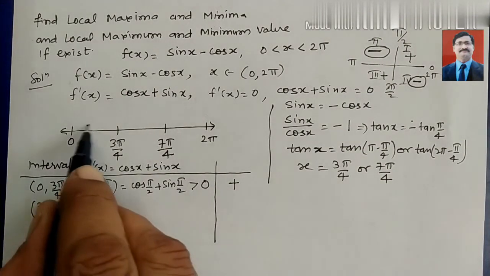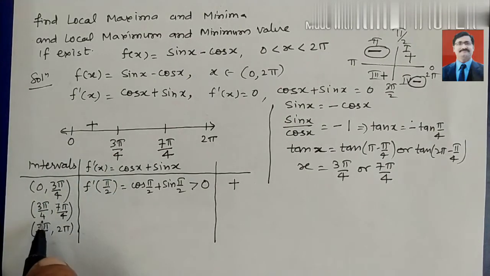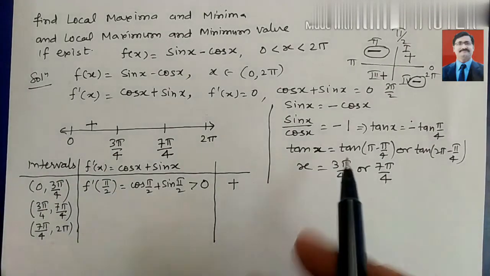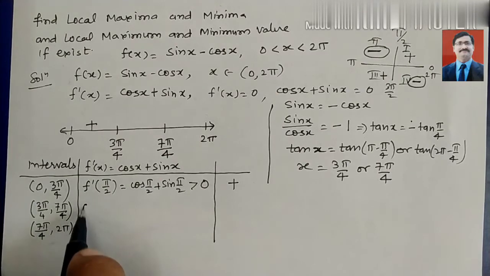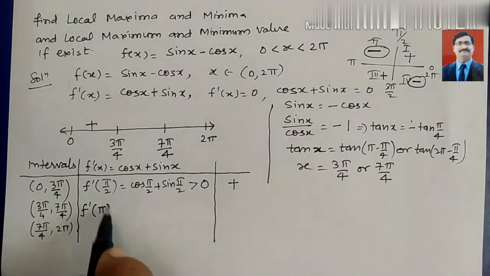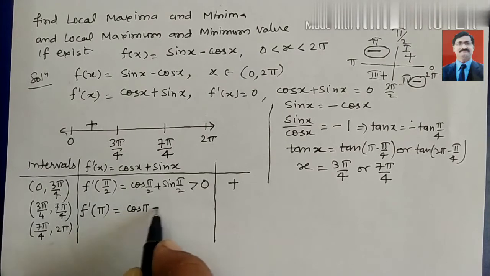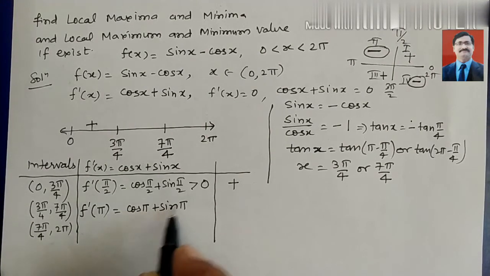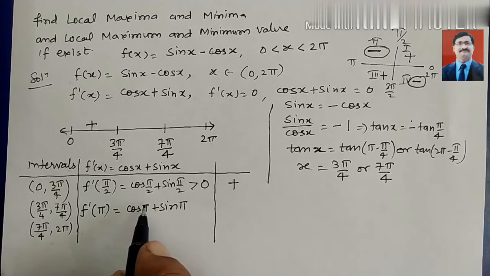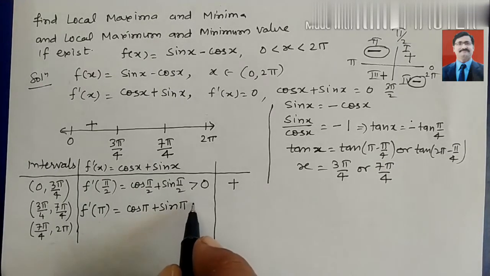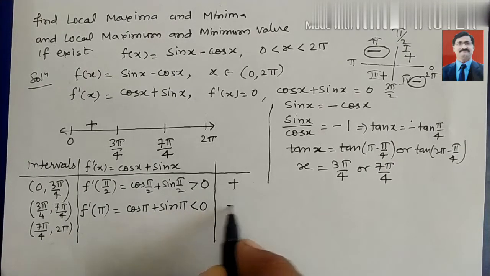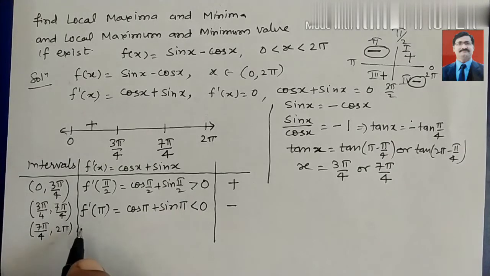Now look at 3 pi by 4 to 7 pi by 4. We can take pi. Cos pi plus sin pi: cos pi is minus 1 and sin pi is 0, so this is less than 0, which means minus. Do all of you understand this?